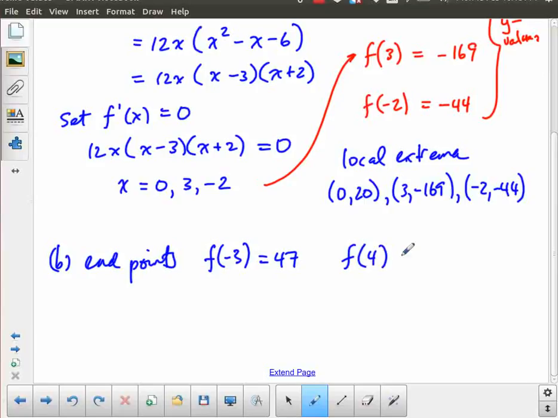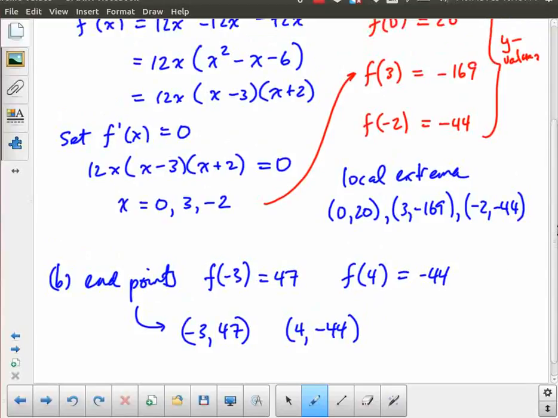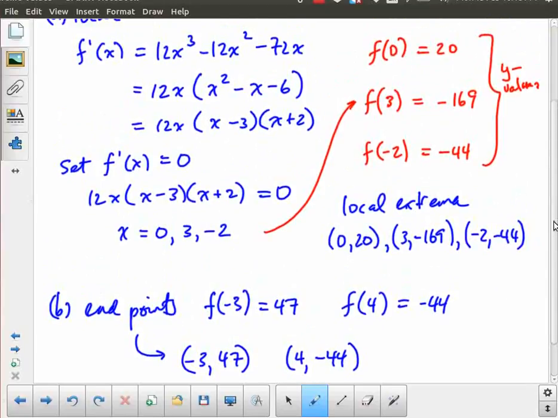F of 4 is equal to negative 44. And so my endpoints are actually (negative 3, 47) and (4, negative 44). And now to classify this, I need to take a look at all of these together.